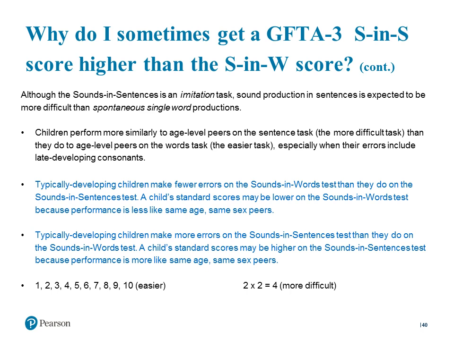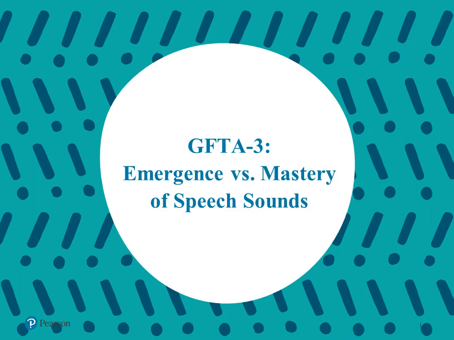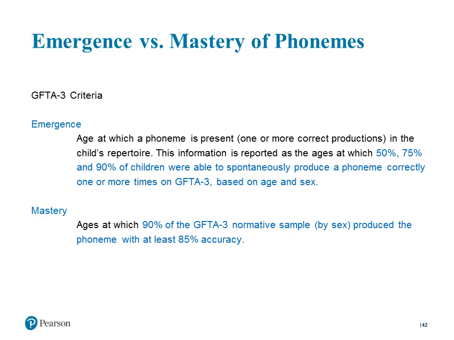Next slide, please. We're going to talk about emergence and mastery. You said we were going to talk about this, and here we go. One of the premises of GFTA-3 is that there is a difference between emergence and mastery, and we really need to look at that in our test results. What we mean by emergence is the age at which a phoneme is present, one or more correct productions in the child's repertoire.